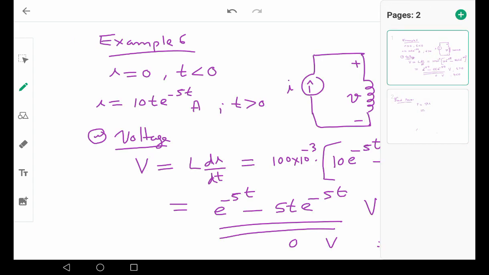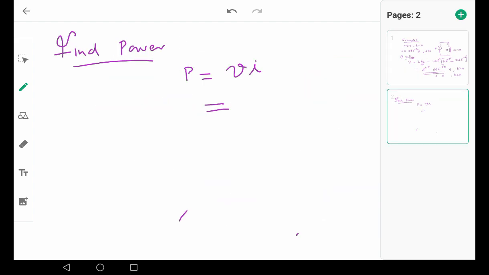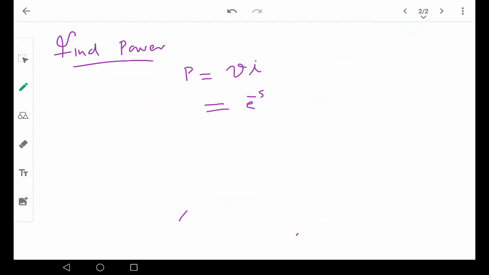V is e raised to minus 5t minus 5t e raised to minus 5t, into the current.